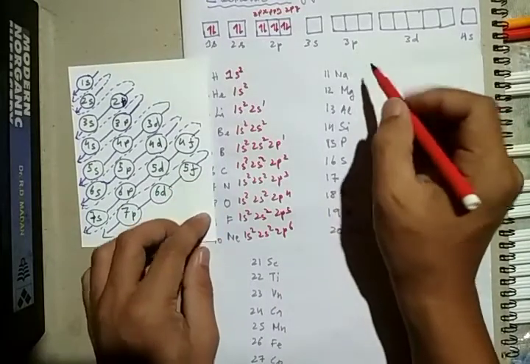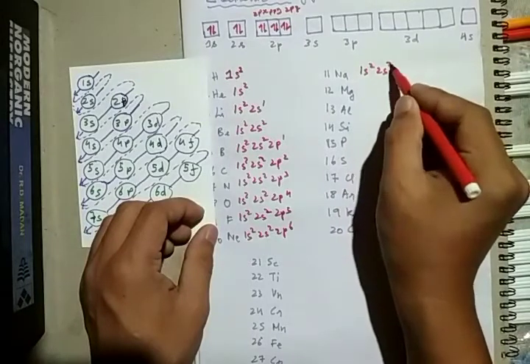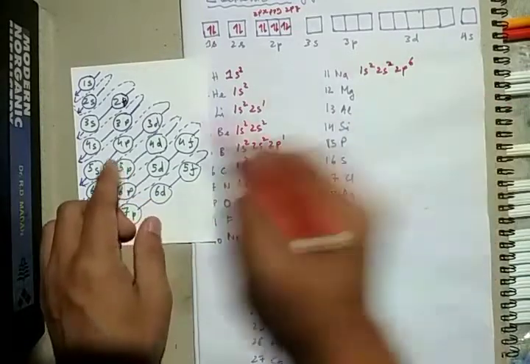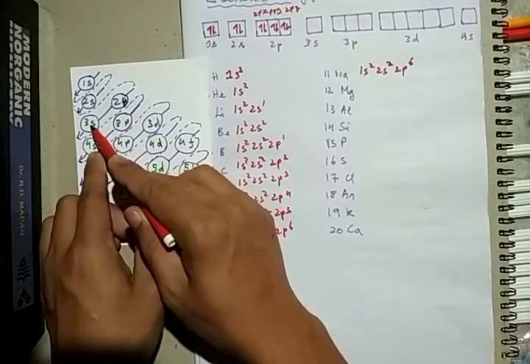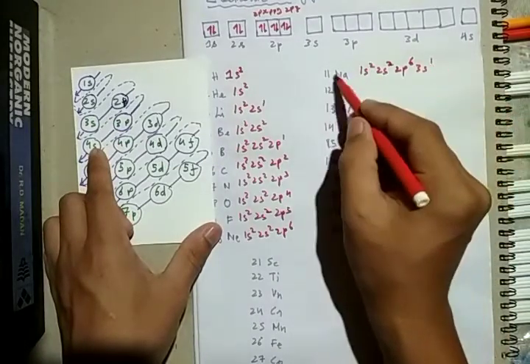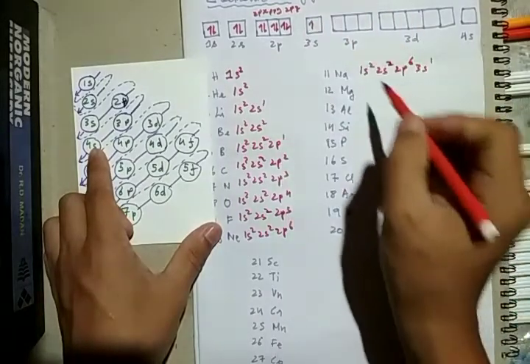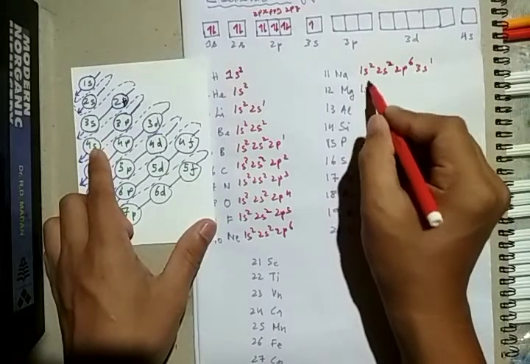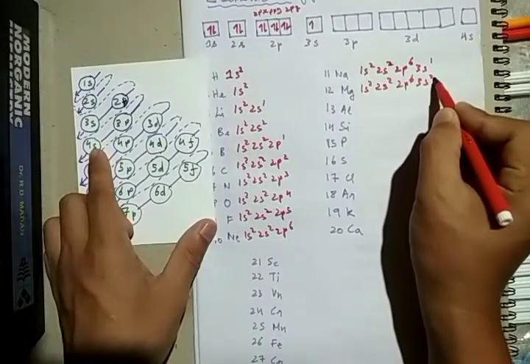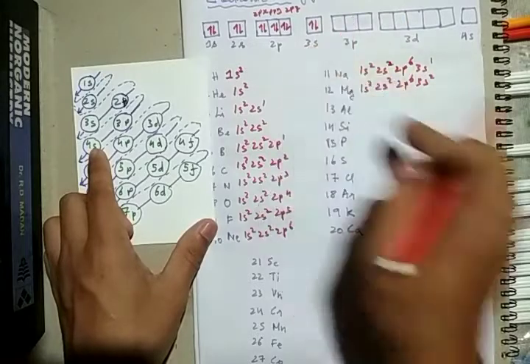Now for sodium, 1s2, 2s2, s can have a maximum of 2 electrons, 2p6. After 2p, what comes? 3s, so 3s1. So altogether 11 electrons, and the next electron will come here. For magnesium, it will follow the same sequence, 2p6, 3s2. These two electrons come here and pairing takes place in the same subshell.